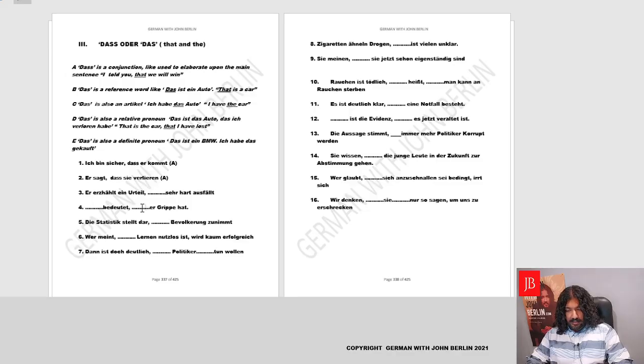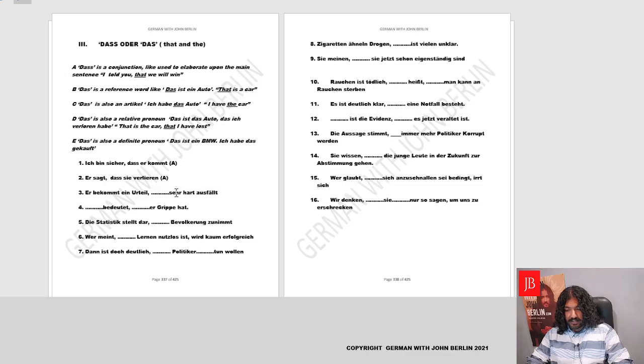Er bekommt ein Urteil, das sehr hart ausfällt. He gets a judgment that is very hard on him. So it's not that you're elaborating upon something here. You are just referring to the word ein Urteil, judgment, and you are creating a relative pronoun. So you will basically be saying, er bekommt ein Urteil. What does he get?